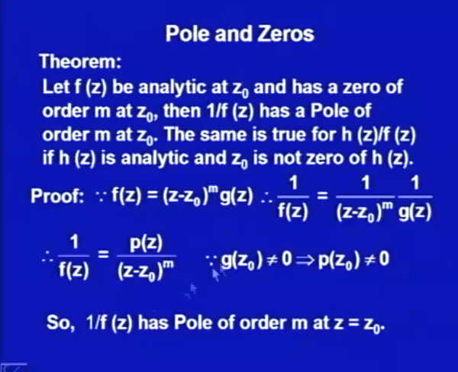Now, if rather than p(z) I have h(z), then p(z) would be h(z) upon g(z), and at z equal to z naught, neither g nor h is 0. So, p(z) would also not be 0 at z naught.